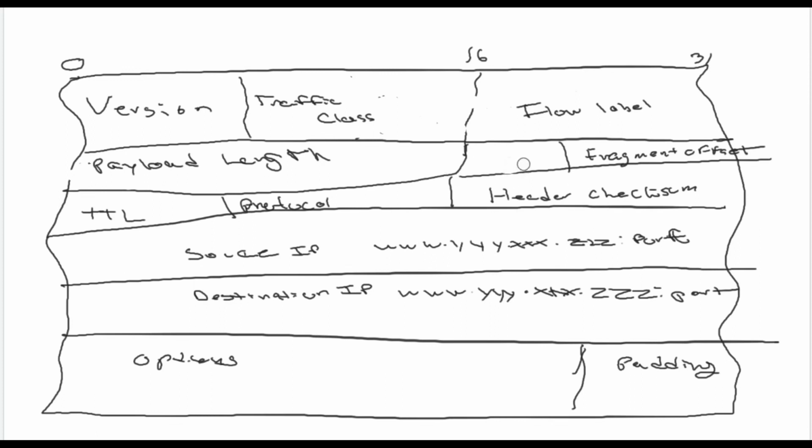So those are defeated, as is the fragment offset, which was just used to keep this line in 32 bits.